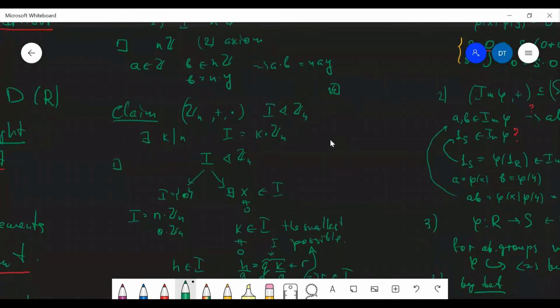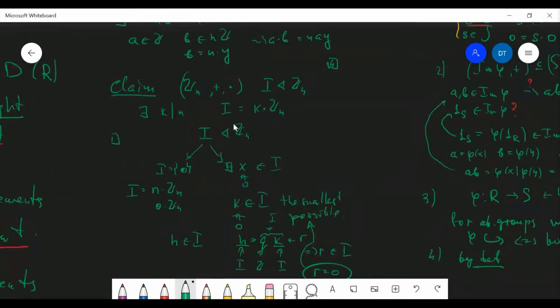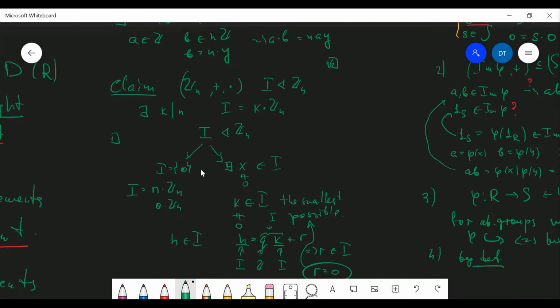Okay. This one, yes. Okay, so first of all, what am I doing here? Well, I'm trying to show that each ideal of Zn is of this form. So let's take an arbitrary ideal. It's a subset of Zn with all those fancy axioms. So there are two cases.